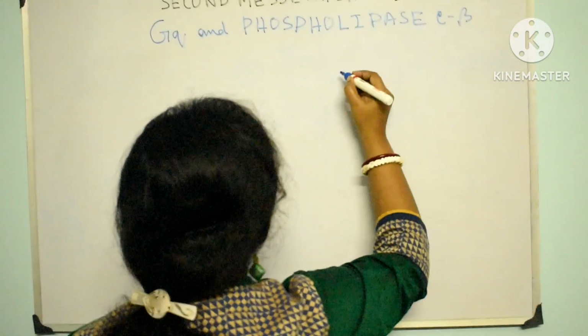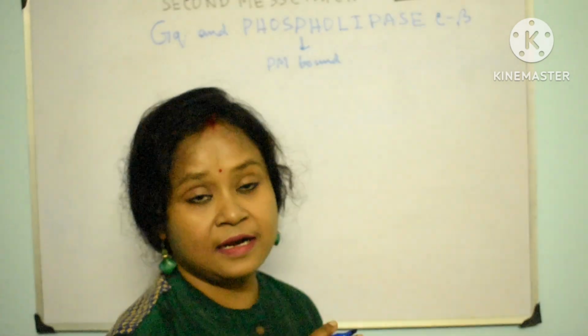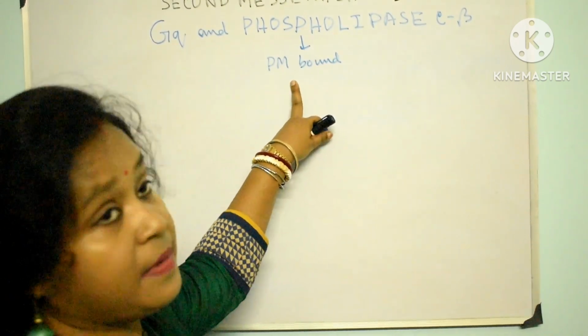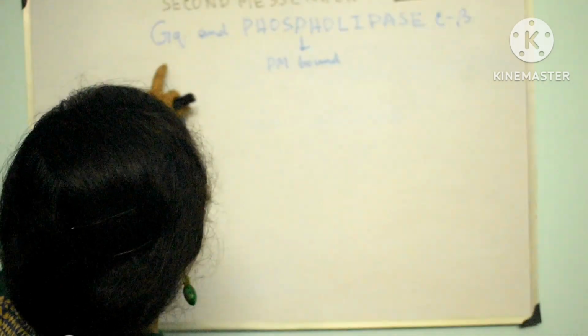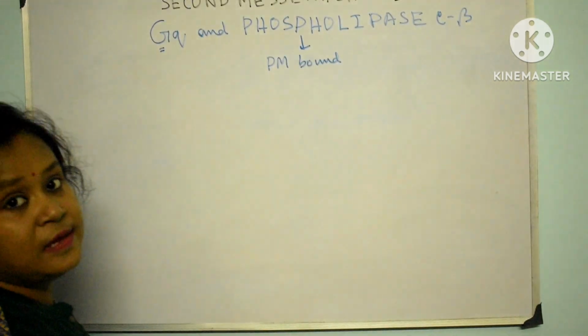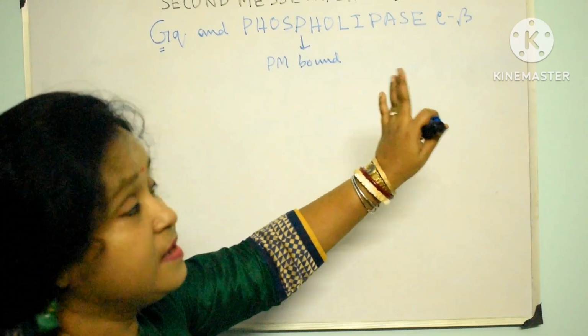Phospholipase C beta is also plasma membrane bound, like cAMP that I discussed previously. Here the G protein specifically known for this phospholipase C beta is Gq.